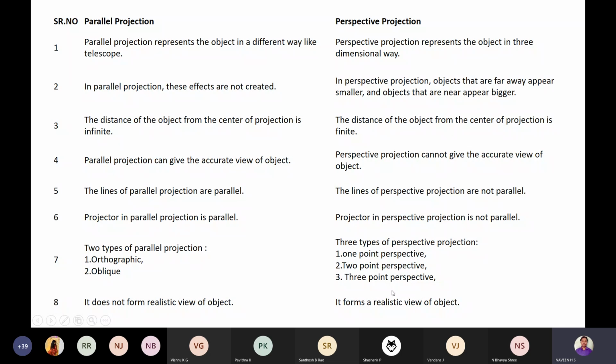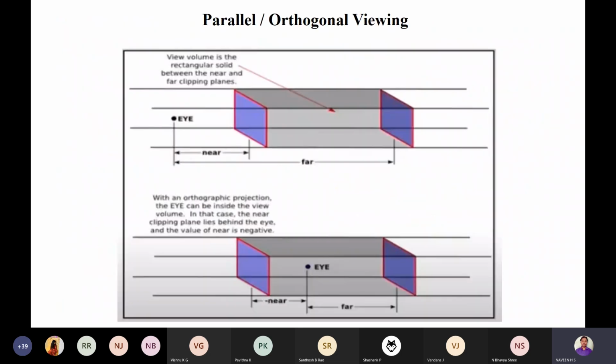Parallel projection forms a realistic view of the object, meaning whatever is there, it just displays, with no manipulation. These are a couple of differences between parallel projection and perspective projection.